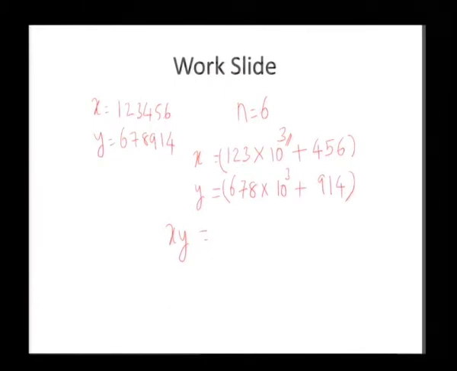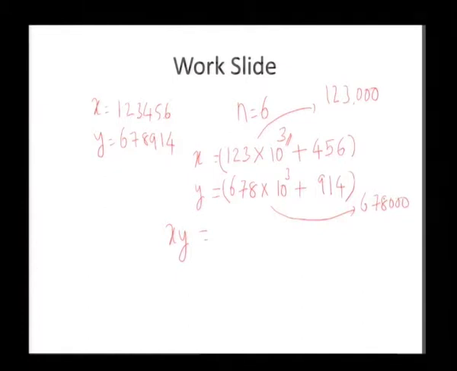123 multiplied by 1000 and 678 multiplied by 1000 are very easy to evaluate and they do not require multiplication operations. 123 multiplied by 1000 just involves us writing down 123 followed by 3 zeros. Similarly, 678 multiplied by 1000 just requires us writing down 678 followed by 3 zeros.